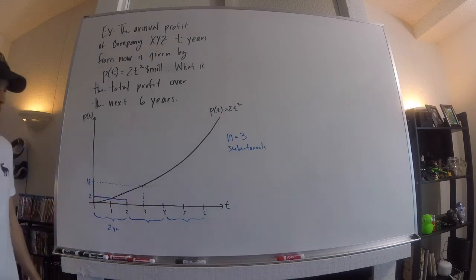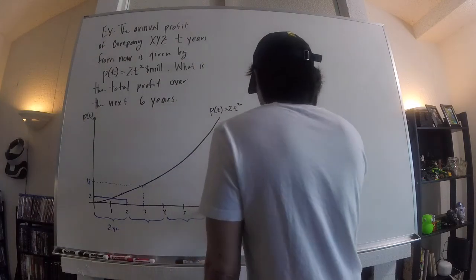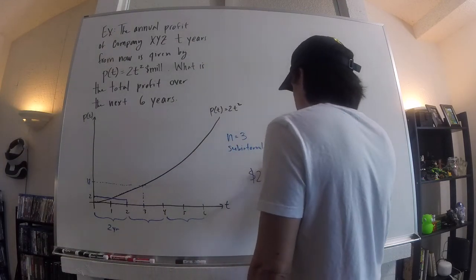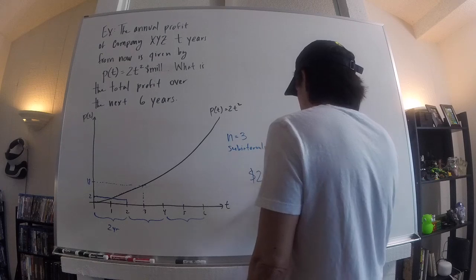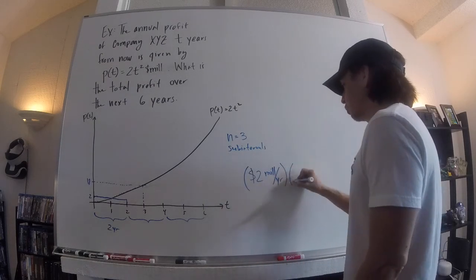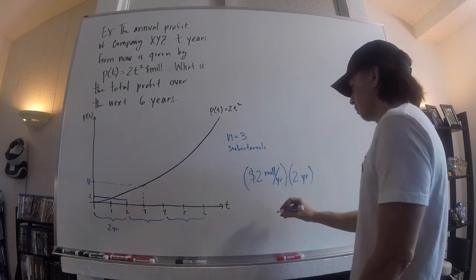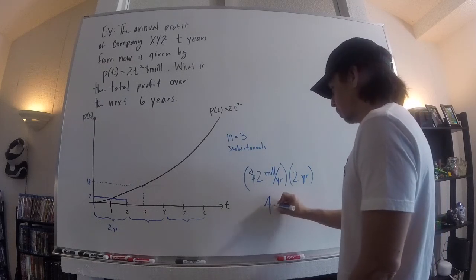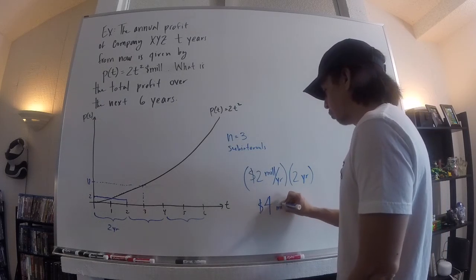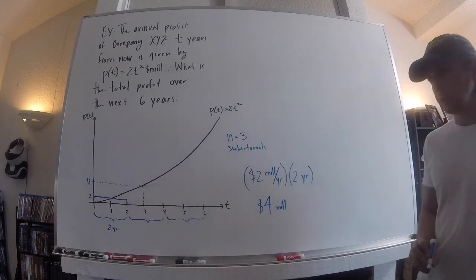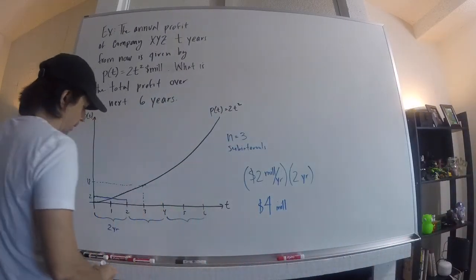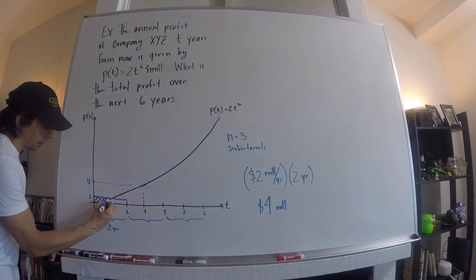And so how much are they making over that first 2 years? It's 2 million, our estimate, per year times 2 years. So we're estimating that they made 4 million over the first 2 years. And by multiplying that, we're getting the area of this rectangle right there.